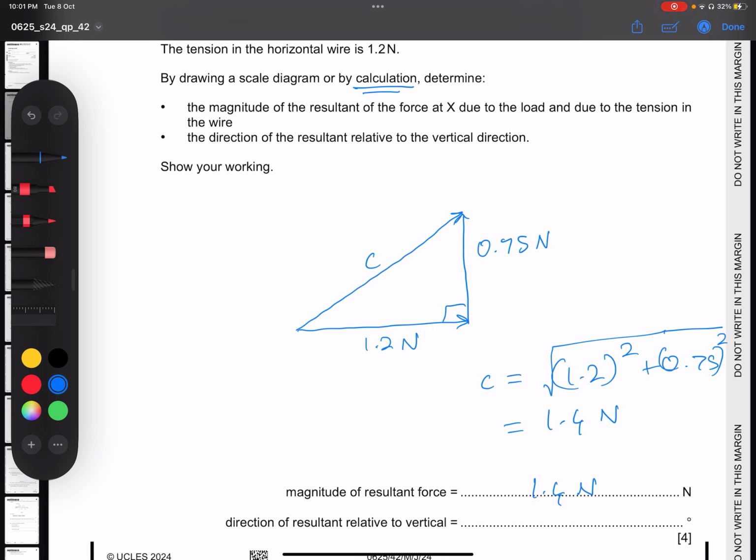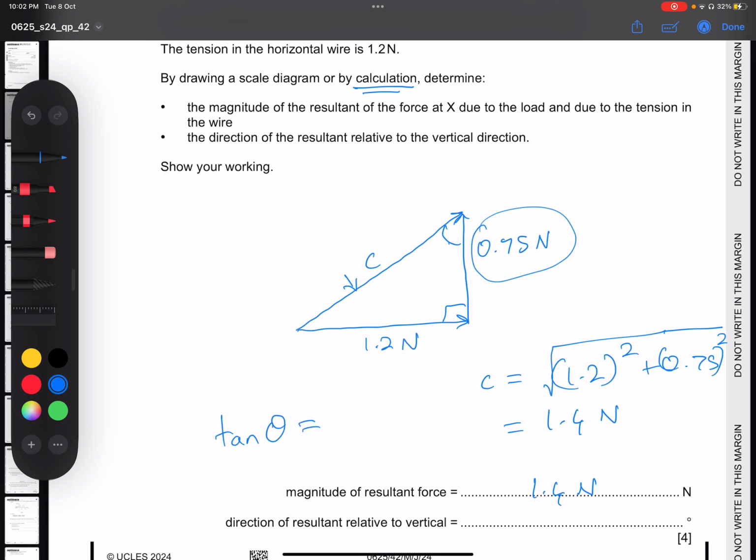Now the angle of the resultant relative to the vertical would just be this angle, since this angle is between the resultant vector and the vertical vector. So tan theta is a trigonometric ratio that we use to find the angle using the opposite and the adjacent sides. Opposite by adjacent equals tan theta.